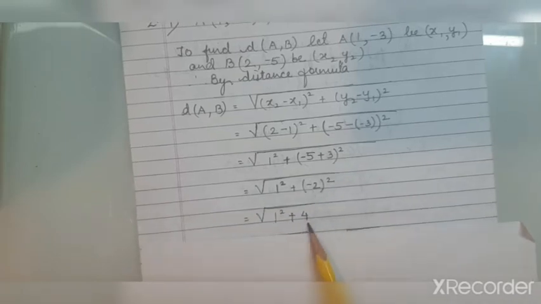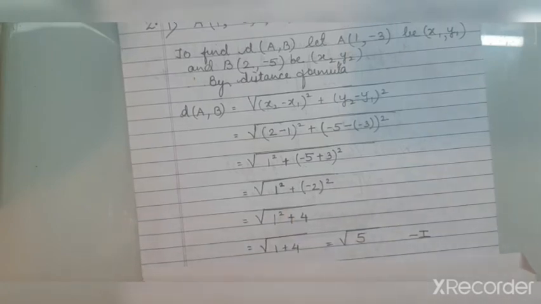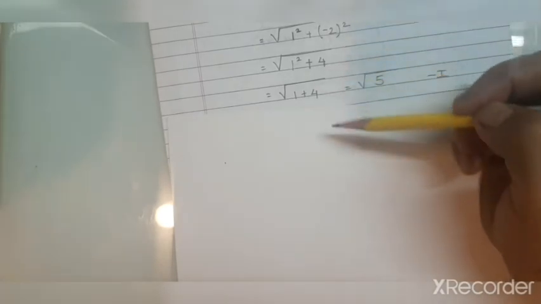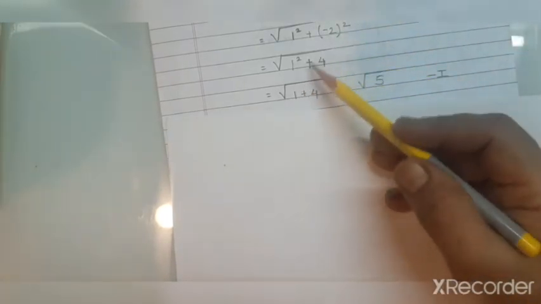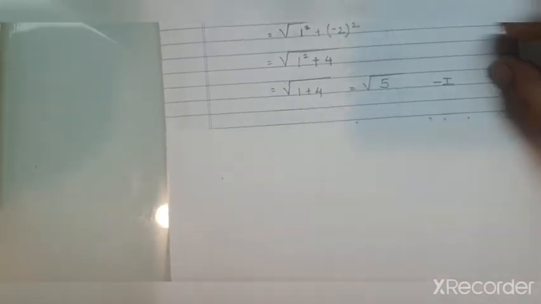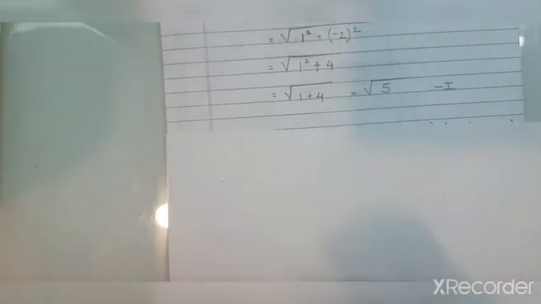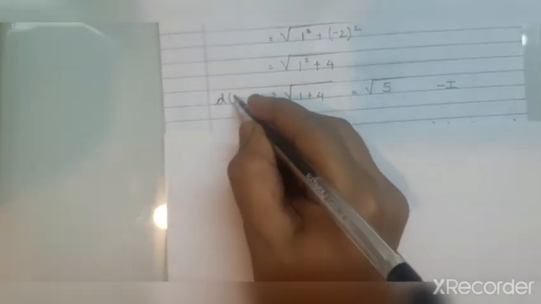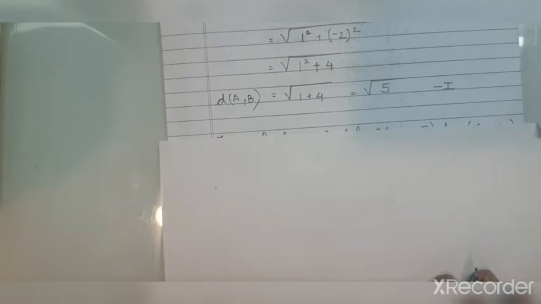So it is positive 4 and 1 square is 1. This is a simple calculation. 1 plus 4 is root 5. Now this is the distance AB that we have found. So distance AB is root 5.